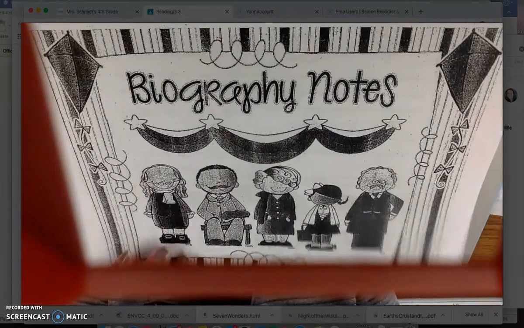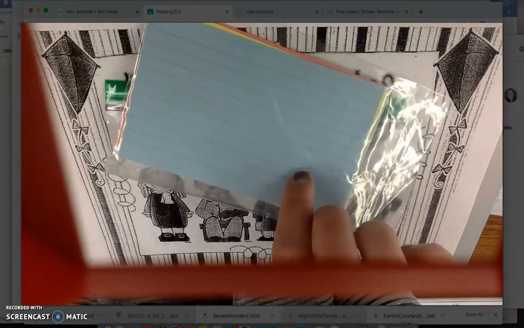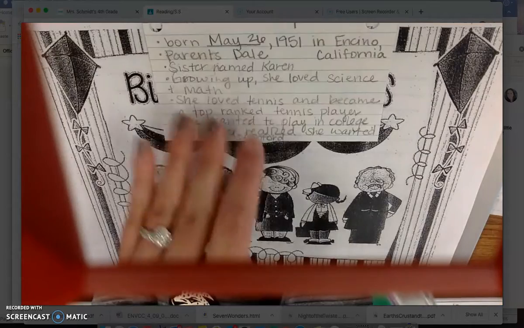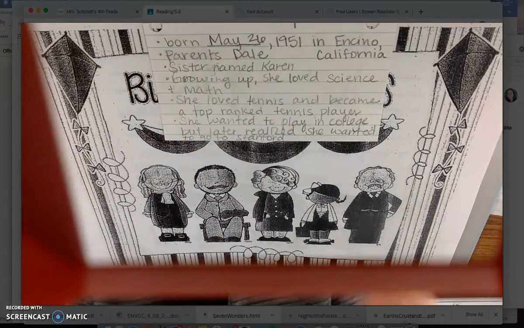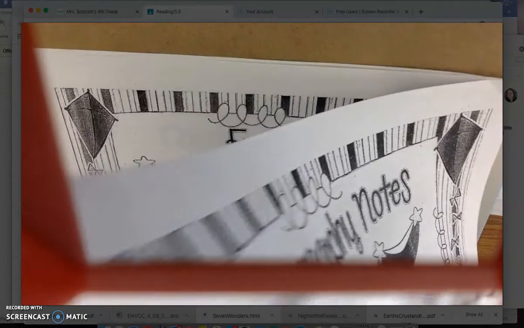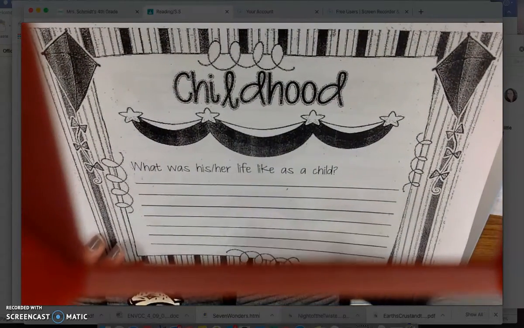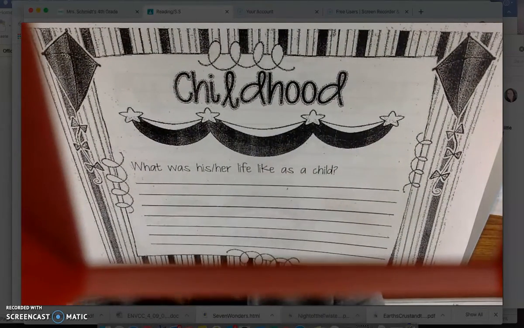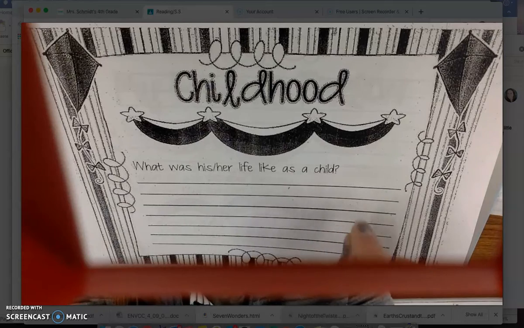If you want to use your note cards, you absolutely can. That's just where you take your facts down. Then you would flip in your book to find childhood. What was his or her life like as a child? You could write, Sally Ride was born May 26, 1951 in Encino, California.